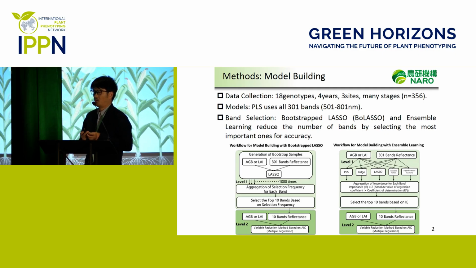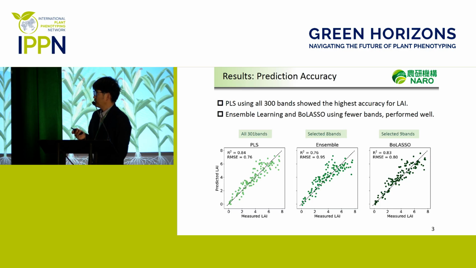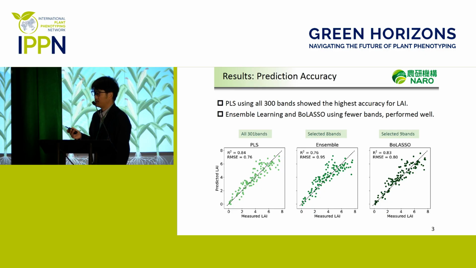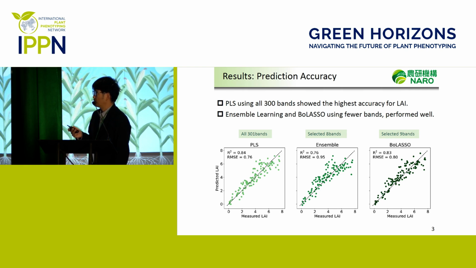These methods allowed us to select the most important bands for accuracy. This figure shows that PLS using all spectral bands shows the highest accuracy for LAI prediction. However, ensemble running and bootstrap lasso using a few bands performed well.